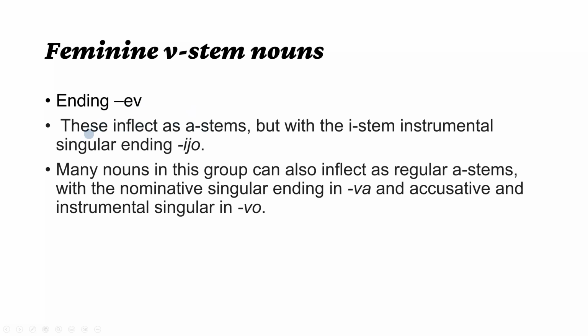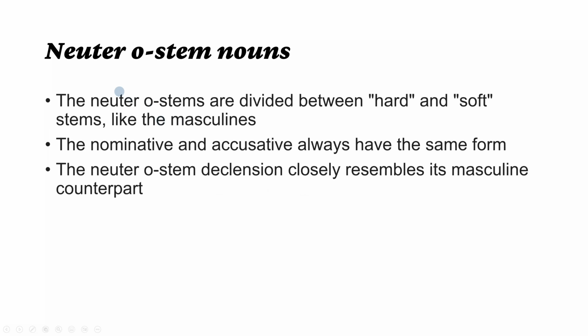These have some traits of an a stem, but an i stem instrumental singular ending in io. And many nouns in this group can also inflect as regular i stems with the nominative singular ending in va and accusative and instrumental singular in vo. But we won't go into detail with this.